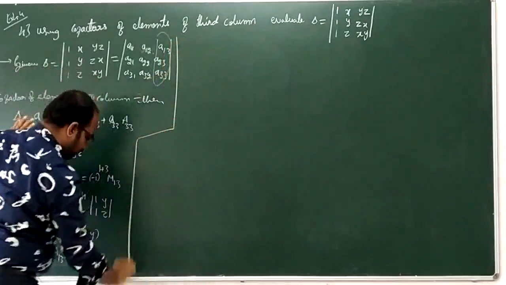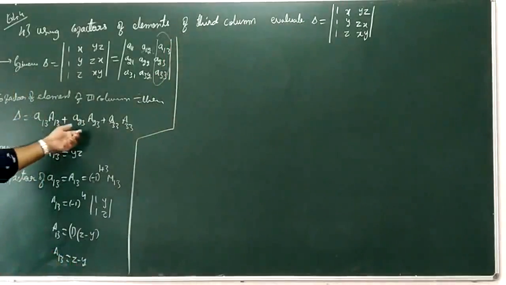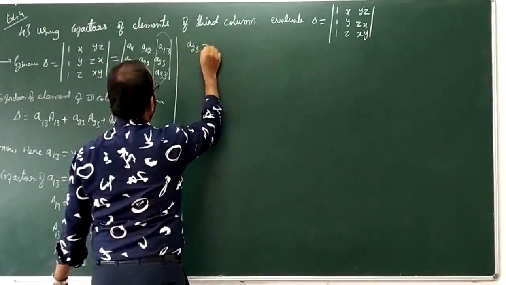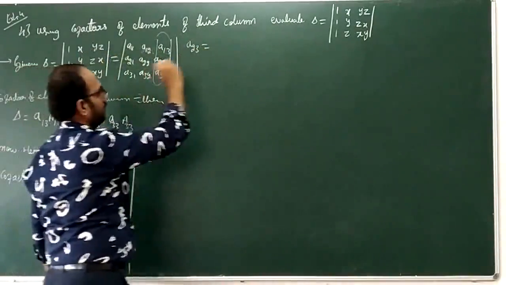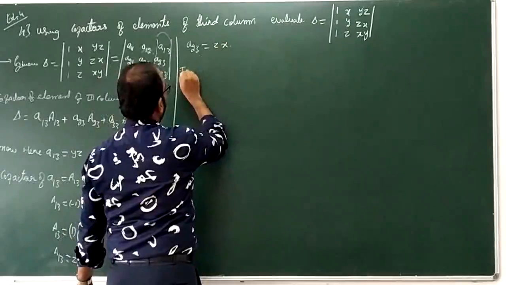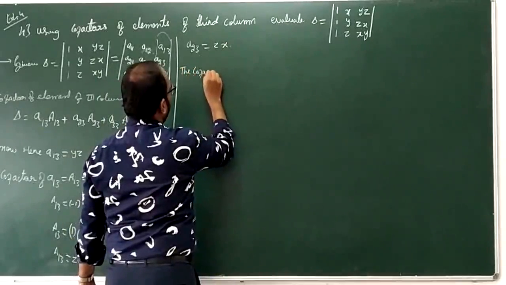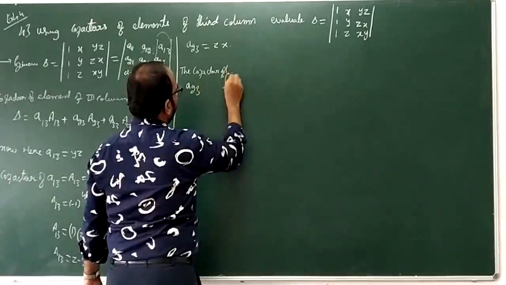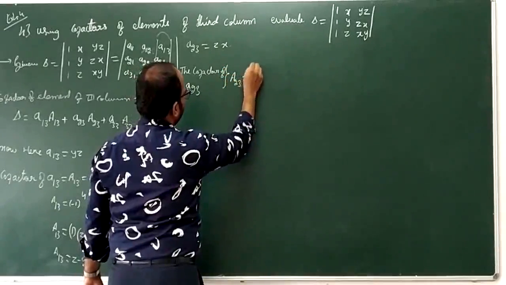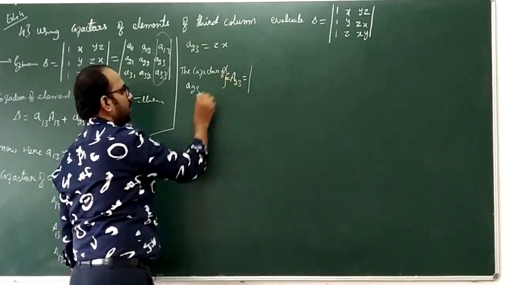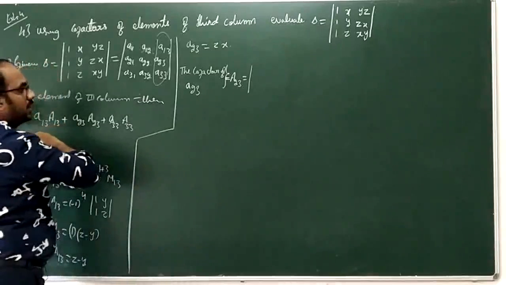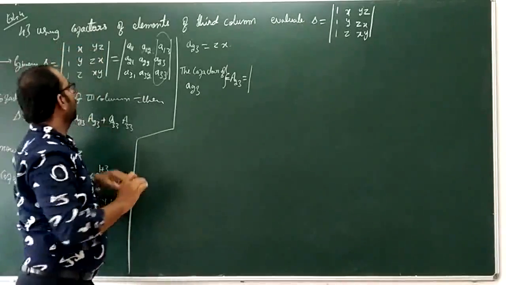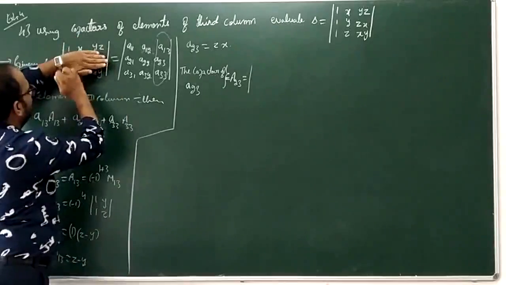Next one, the cofactor of the second one. The value of a23 is z into x, that is zx. The cofactor of a23 is capital A23. If I am deleting the second row and third column, the values are 1x, 1z.